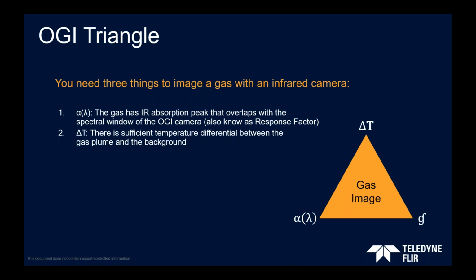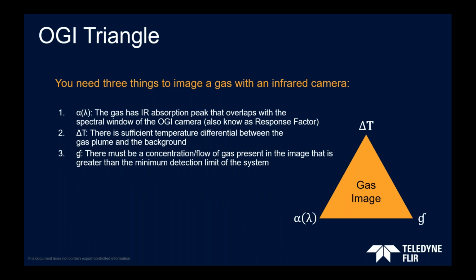The second one, and this is again very critical, is that there is sufficient temperature differential between the gas plume and the background itself. In general terms, for the cooled camera technology, and this is what we're specifically talking about today for quantification, minimum delta T of 2 degrees C. Ideally, anything above 2 degrees C is good, and that will help certainly with the technology for visualizing the plume and also for quantification.